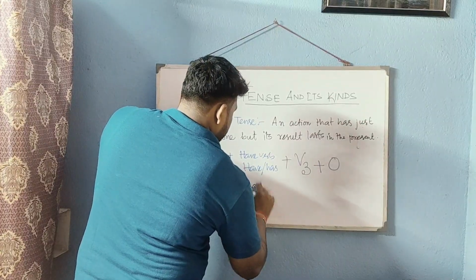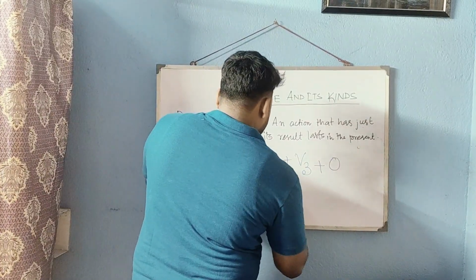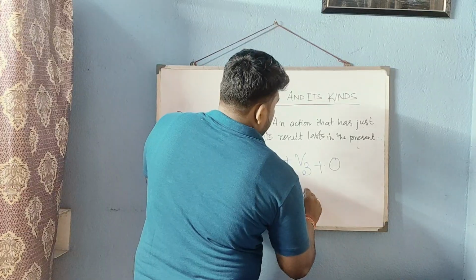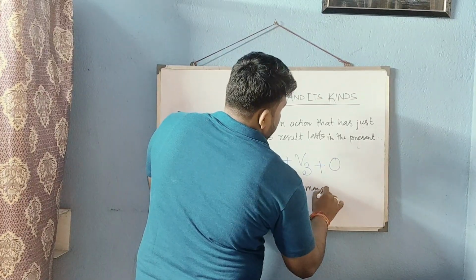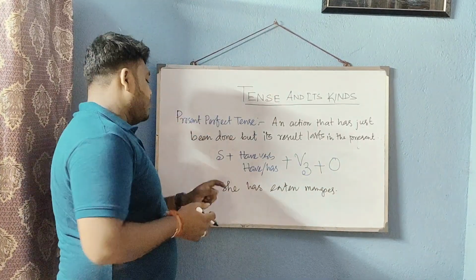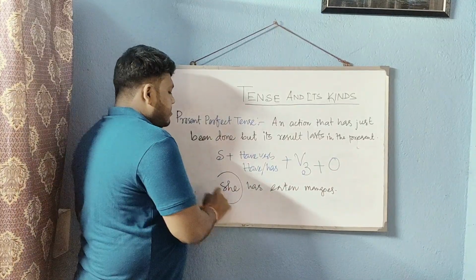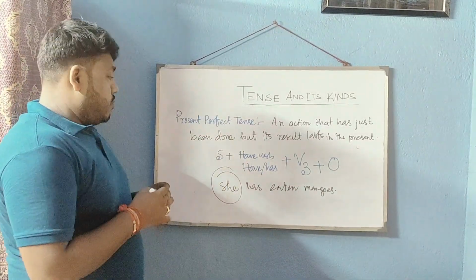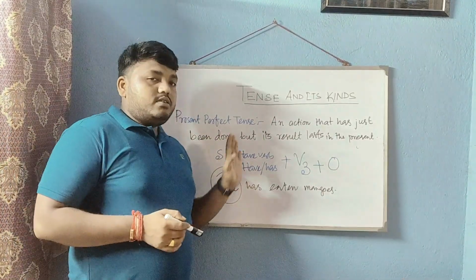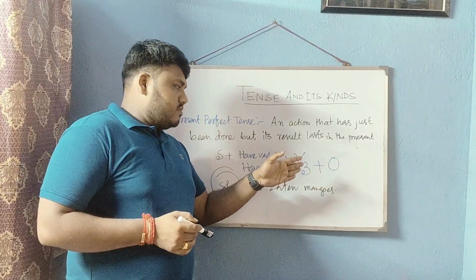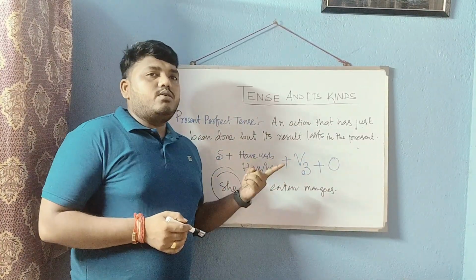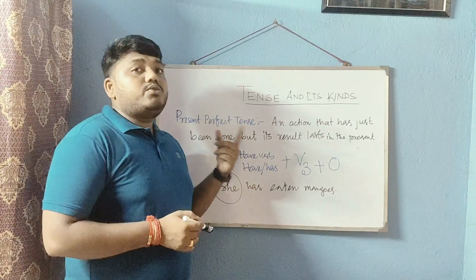So I'm giving you an example. She has eaten mangoes. She has eaten mangoes. So she is the subject here. Since she is third person and singular number, we use has after a singular subject. Except I. I is first person singular, but we use have.